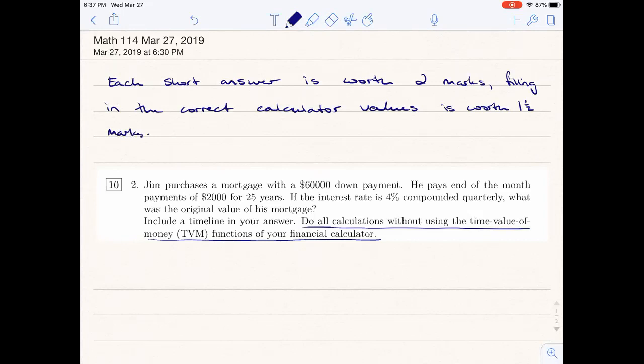Right. So to save time, if you want to start with the short answers, fine, but just fill in the tables. Don't actually do the calculator work until you know that you have time to go back at the end and do it. Right, take that 1.5 and then go in and get that half mark later, but only if you have time.